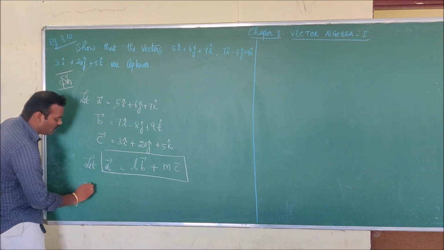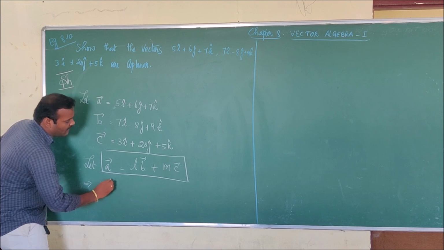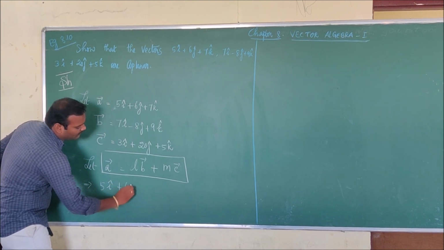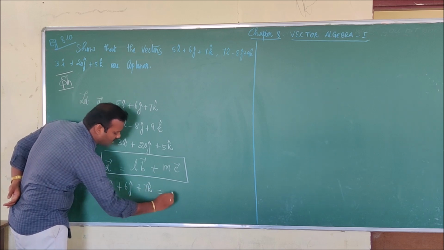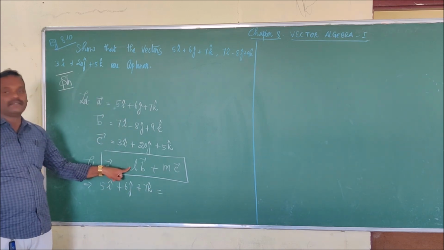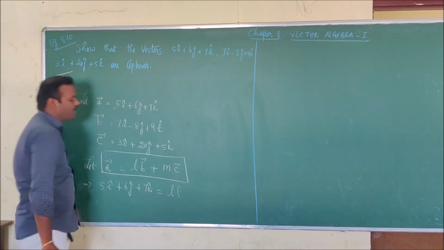First let me substitute the vectors. What is A vector? We have taken 5i cap plus 6j cap plus 7k cap, which is equal to L, that is a constant, so L into B vector.